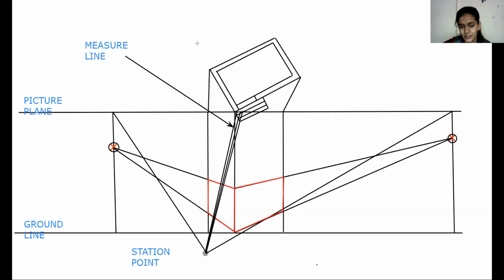Here it is done. So now this line can be erased and you get the point from where you can drag the vertical projection.